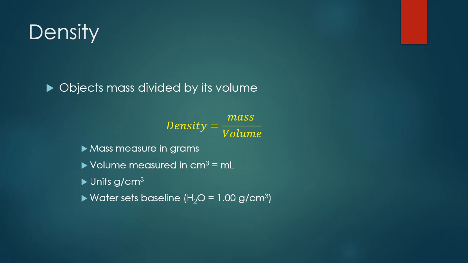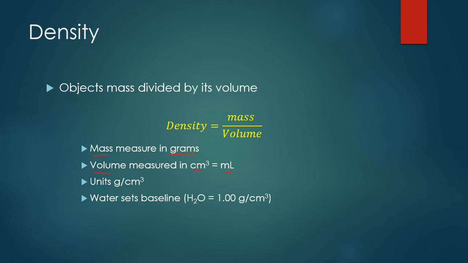When we're using this equation, we're taking mass divided by volume, and the mass portion is going to be in grams. The volume portion is going to be either in centimeters cubed or milliliters. They're interchangeable because 1 centimeter cubed is actually equal to 1 milliliter.